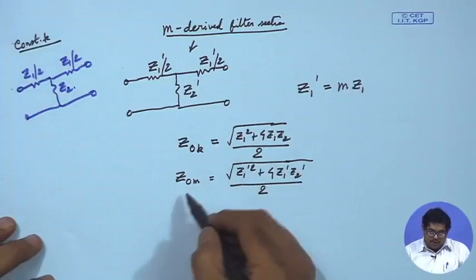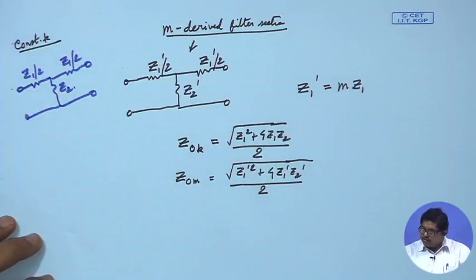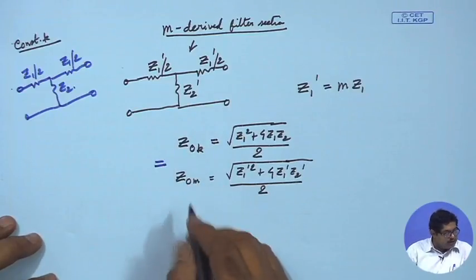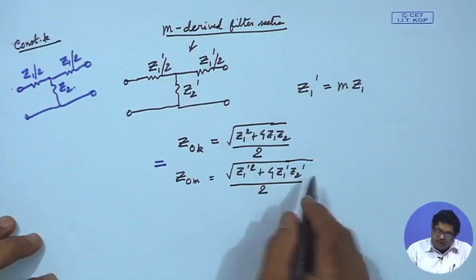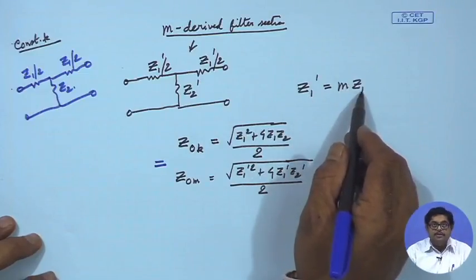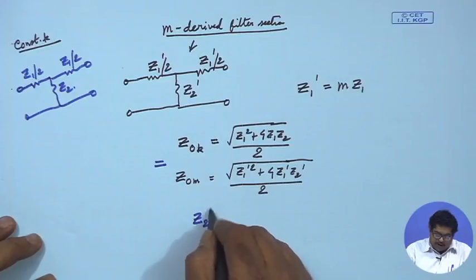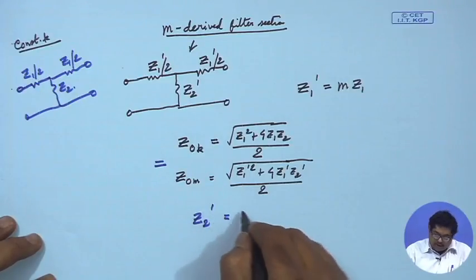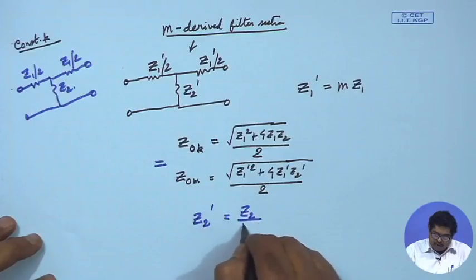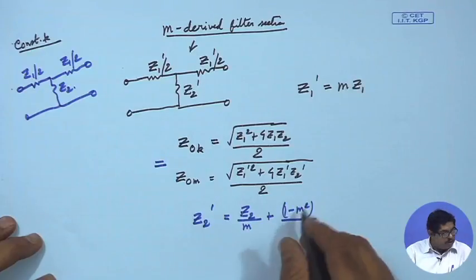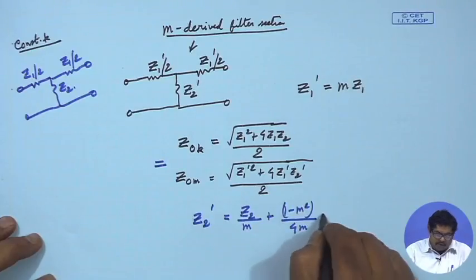Now, we do not want to disturb this characteristic impedance. So, we equate these two. Once we say that, then we can find Z2 dash, because Z1 dash we have expressed in terms of m Z1. So, by solving I get Z2 dash equal to Z2 by m plus 1 minus m square by 4 m Z1.